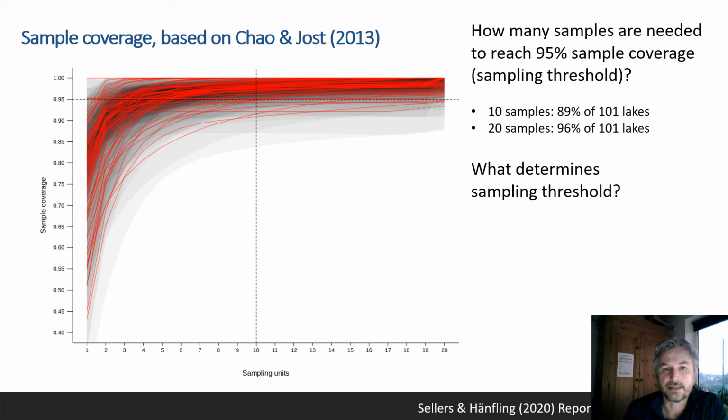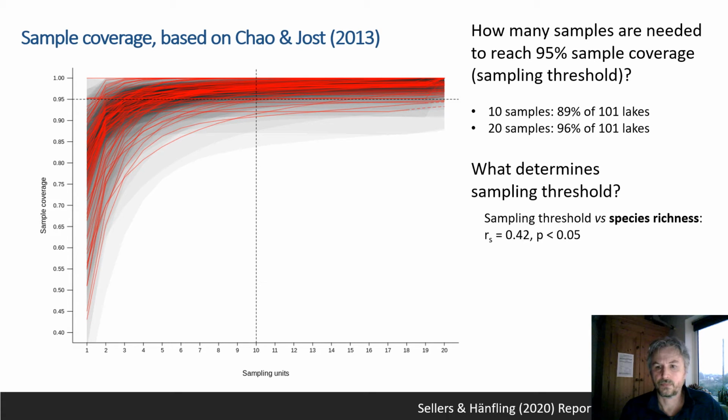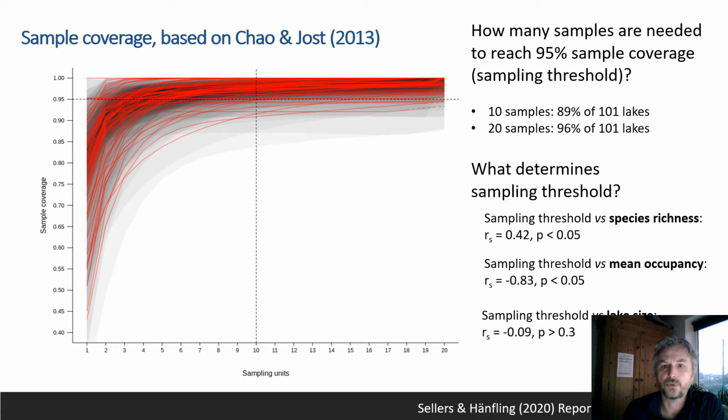We also carried out some simple rank correlations to explore which different factors might influence the number of samples needed to achieve the 95% threshold. The most obvious one to test was lake size, but this turned out not to be correlated with sampling effort.